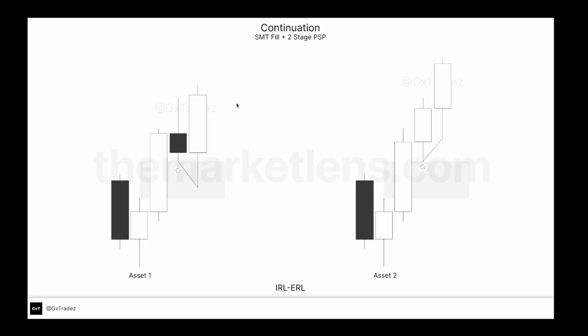Right, so this is a PSP sequence for continuation. This is when the PSP itself is a fair value gap low or high. So this is a bullish fair value gap. So see how the PSP itself here is the fair value gap high. So when that gets ran out, right, and creates an SMT there, it's an SMT fill and a 2-stage PSP simultaneously. So this is a very high probable model for continuation, right?